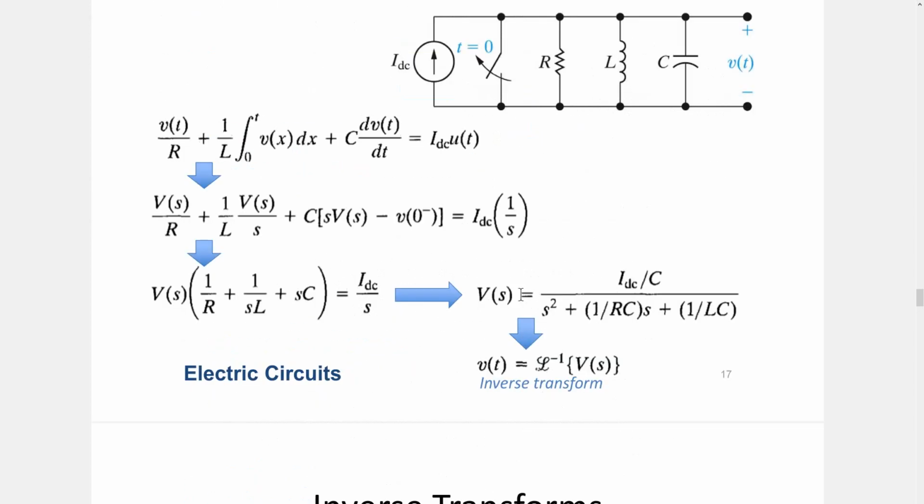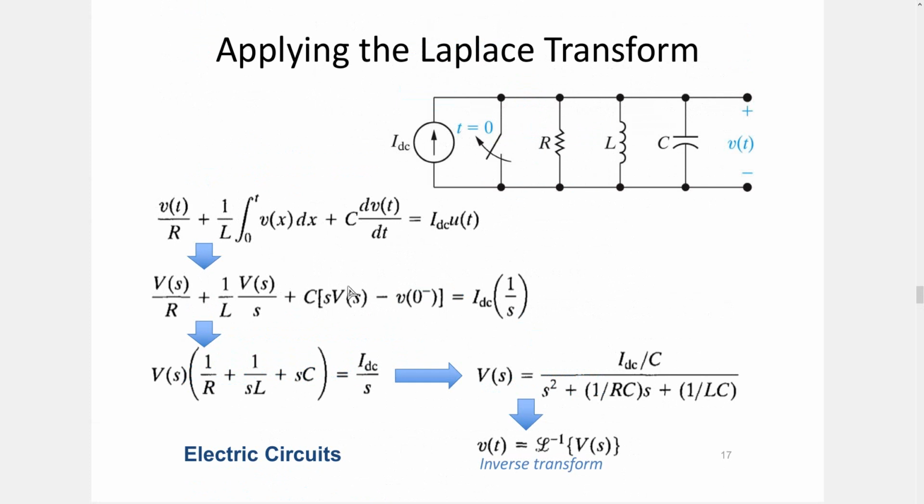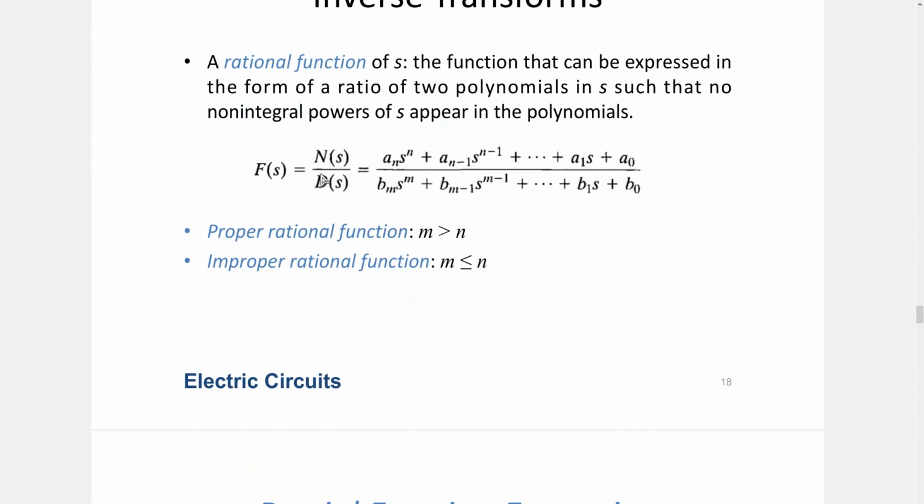As you can see, when we go into the frequency domain, solutions will typically be in the form of a ratio of two polynomials. Okay, so we will have a numerator and a denominator, N(s) over D(s) typically. It will have some coefficients, kind of a power series sort of structure, and another one in the denominator.